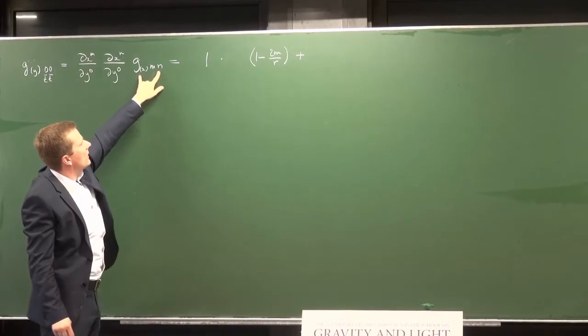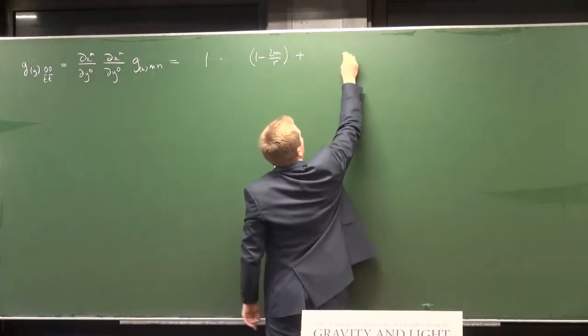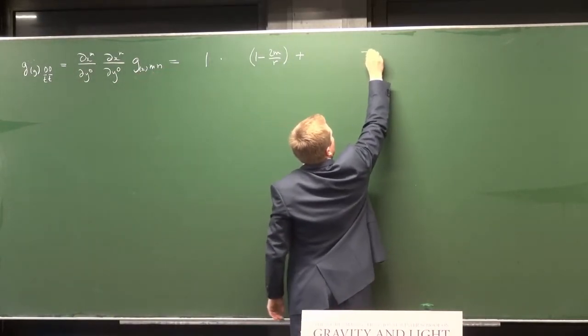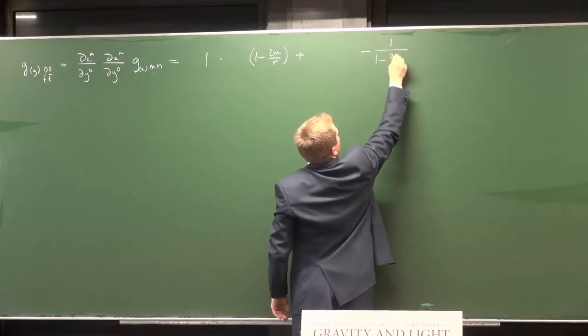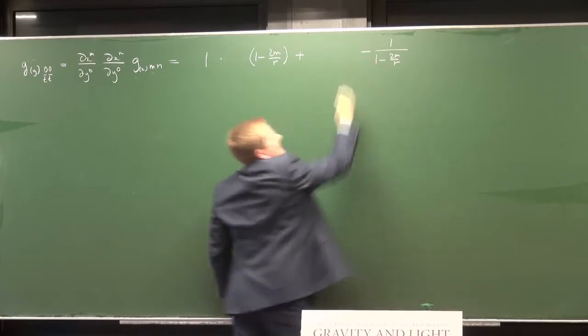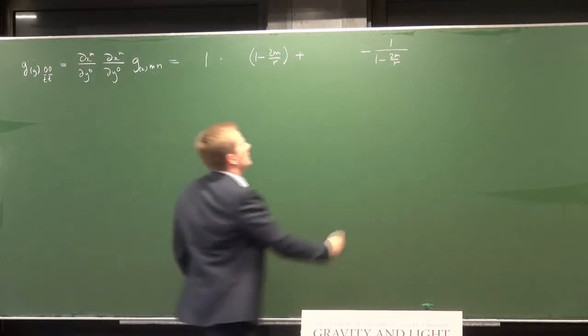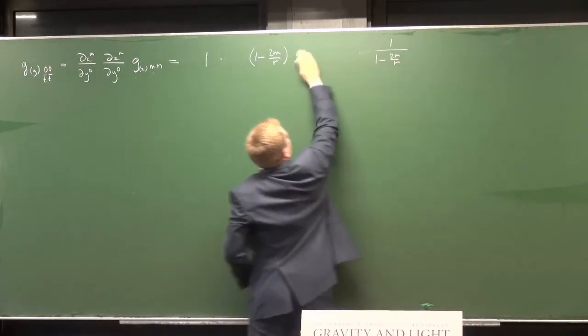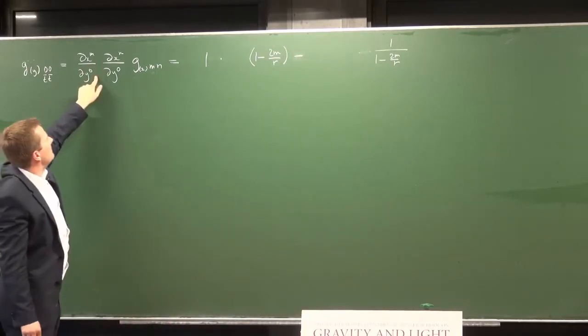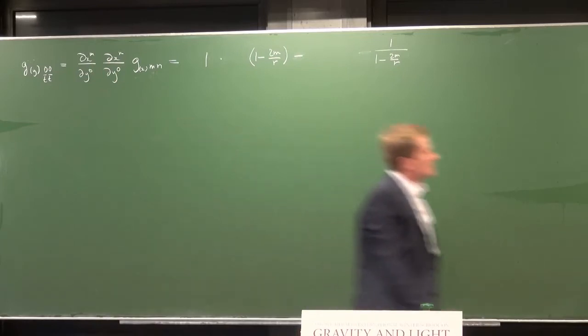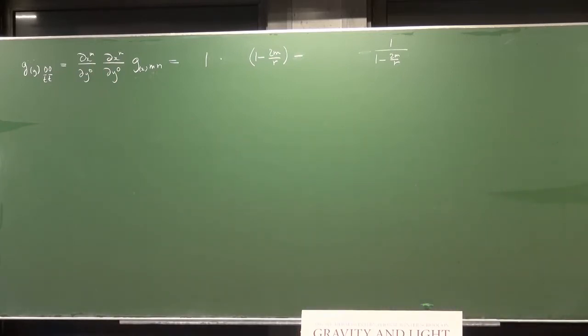Now comes the 1, 1 component of Schwarzschild, which is minus 1 over 1 minus 2m over r. Remember, that's the signature that comes in here. So we could use this minus to make this a minus. And then we multiply by dx1 by dy0, dx1 by dy0. dx1 by dy0 is minus this guy, so this guy squared.